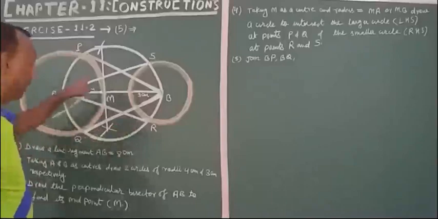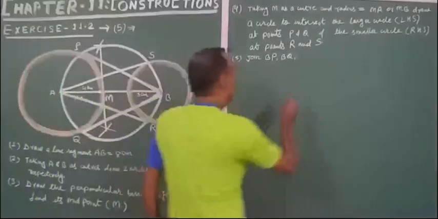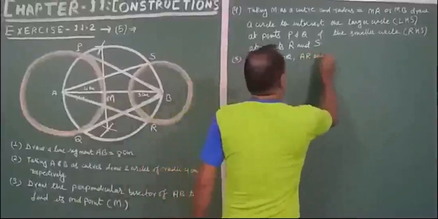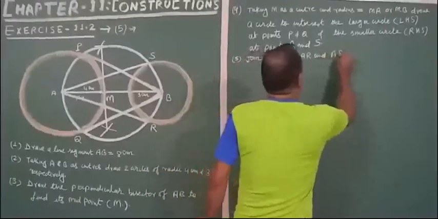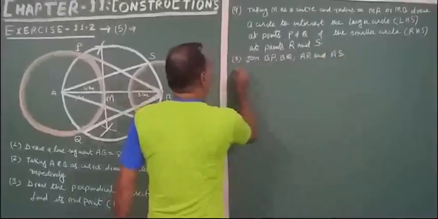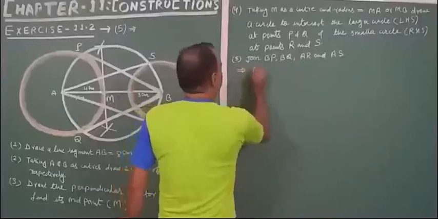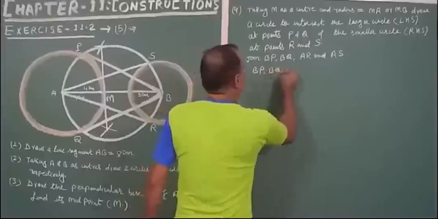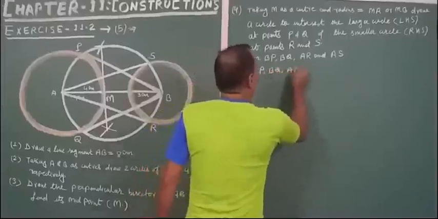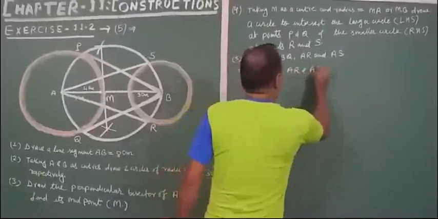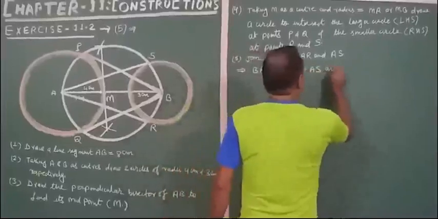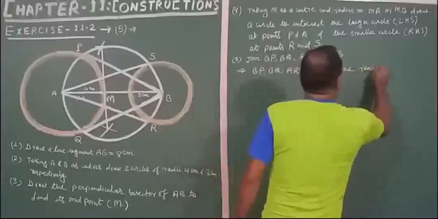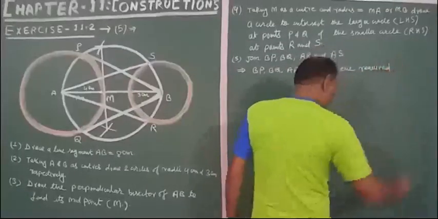AR and AS. So BP, BQ, AR and AS are the required tangents.